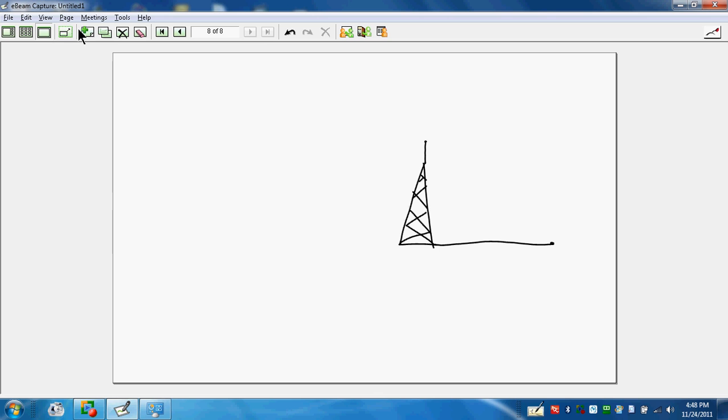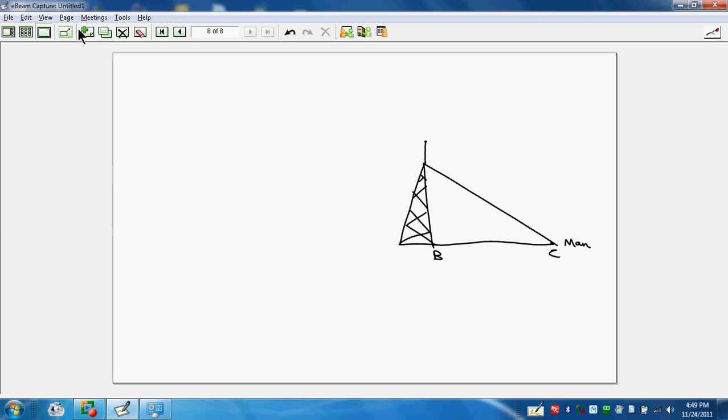Let's say the surveyor is a man. He is located at that point, and this here will be the base of the tower. This surveyor is going to be looking at two positions, the top and bottom of the aerial. So let's say he's looking at the bottom of the aerial.